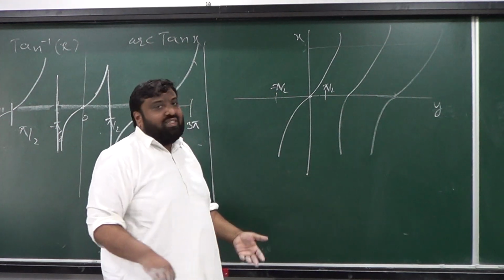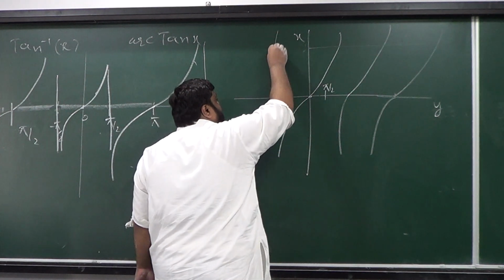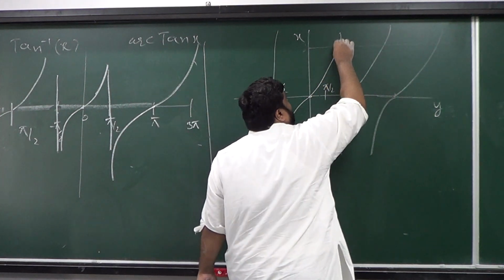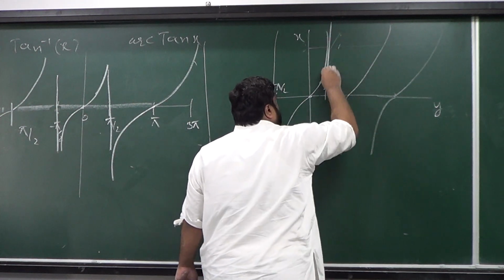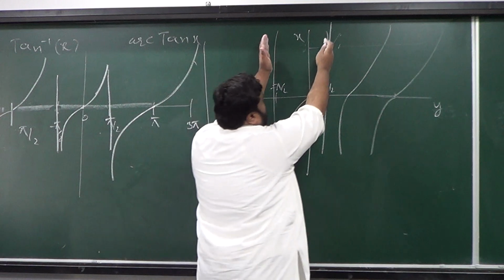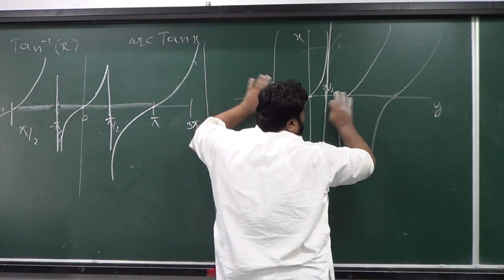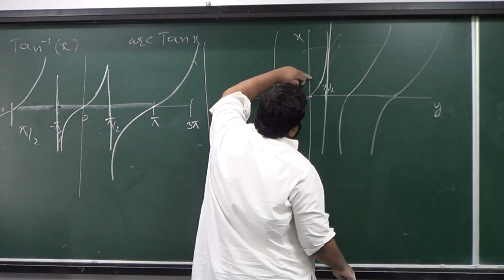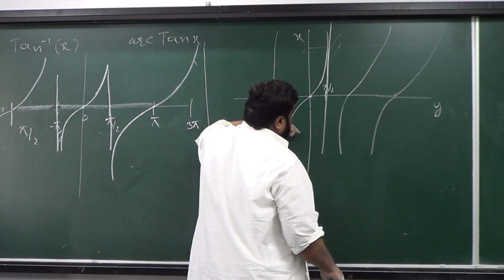So how can I turn this into a function? The natural way is to just consider, for example, this part of the graph. If I consider this part of the graph and ignore all the others, then for every x I have a unique value of y.